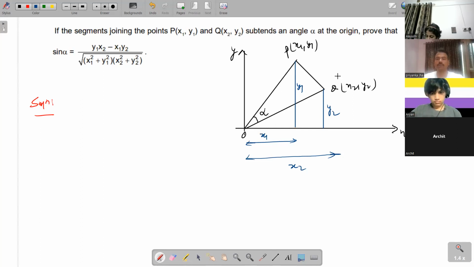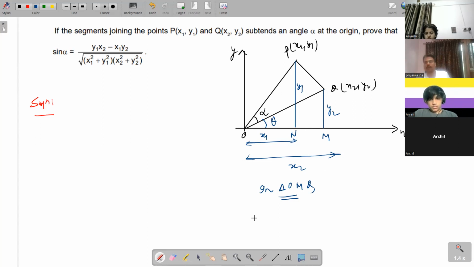Now assume that this angle is theta. In this figure, suppose this is M and this is N. So in triangle OMQ.